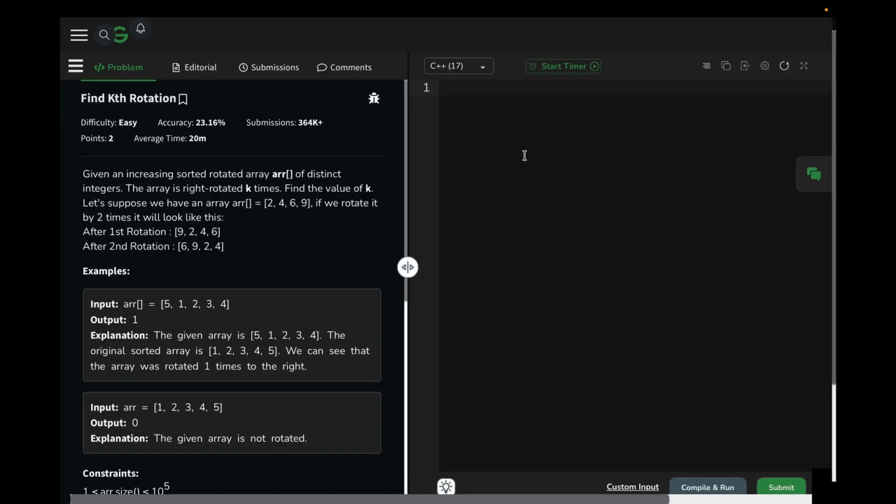So over here I'll code in Rust. I say function find k rotation. I take my ARR, which is a vector of type i32.